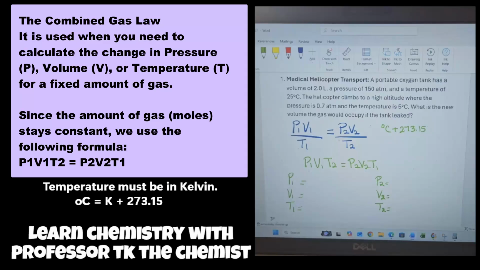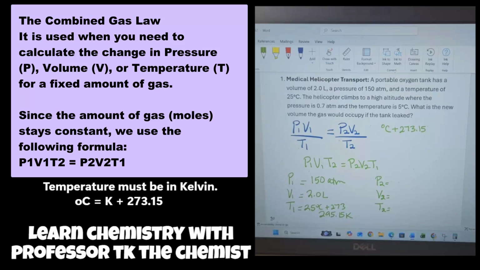Let's go ahead and write that down. We're going to fill in the blanks. A pressure of 150 atm and a temperature of 25 degrees Celsius. But let's add 273 to that number, and we get 298.15 Kelvin.